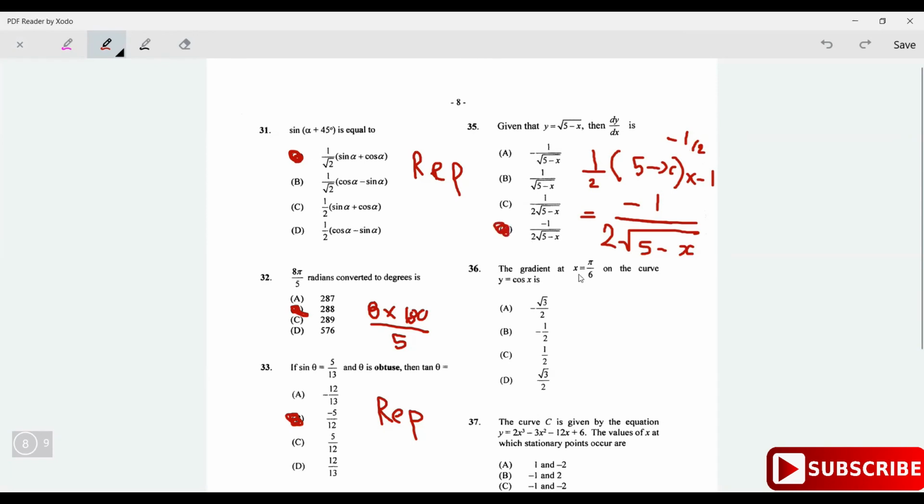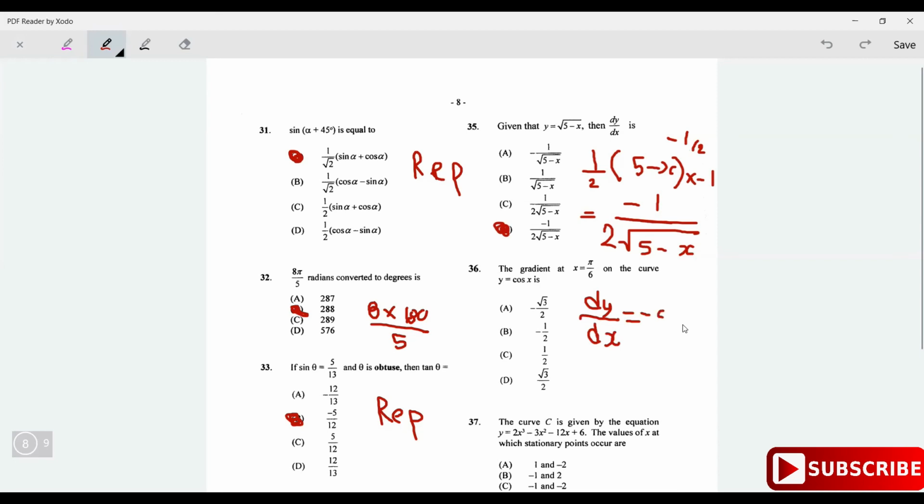It says find the gradient at x equal pi by 6 on the curve y equal cos x. If y is cos x, we can differentiate it to get that dy by dx is equal to, when you differentiate cos, you get minus sine.